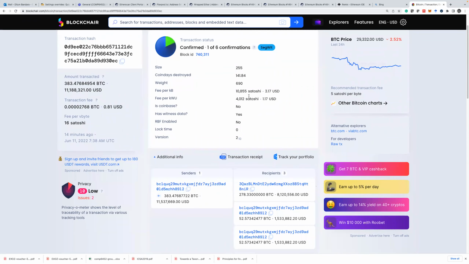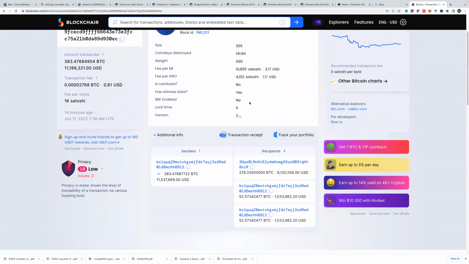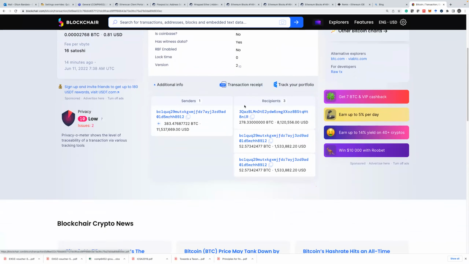Forget about most of these, they are not critical. But this is essentially you, the sender, and this is your UTXO that you're going to spend. And this got split into three outputs. So this is one input, and this is three outputs.